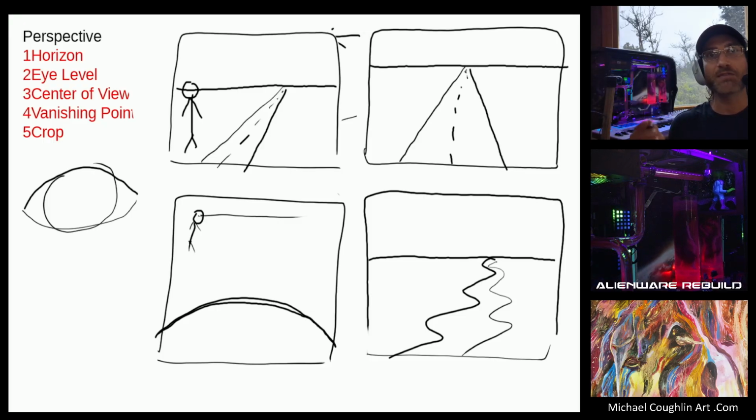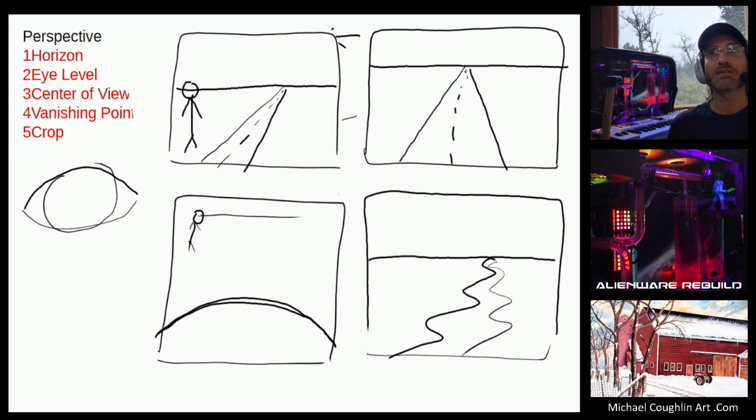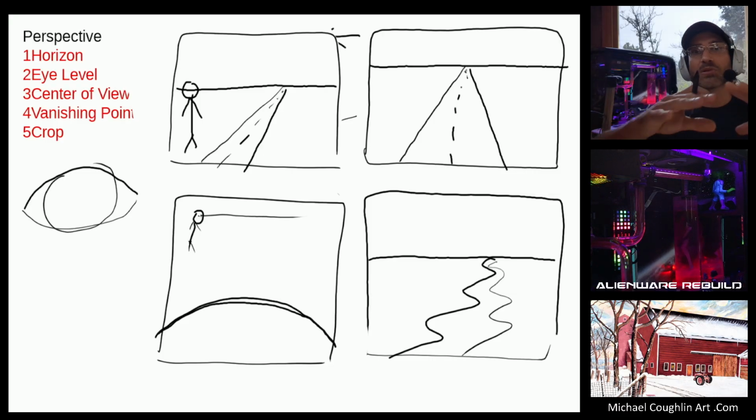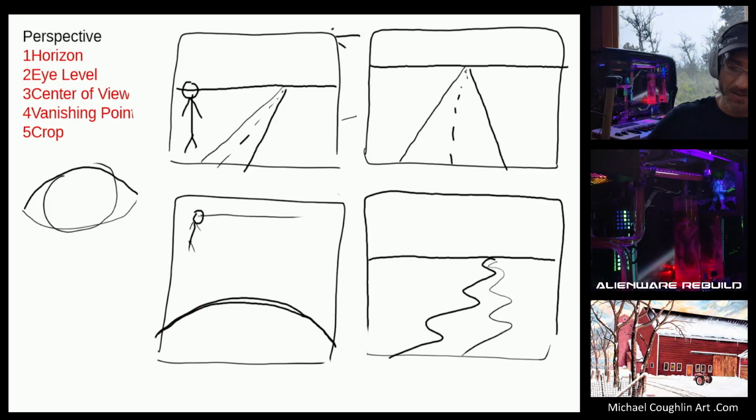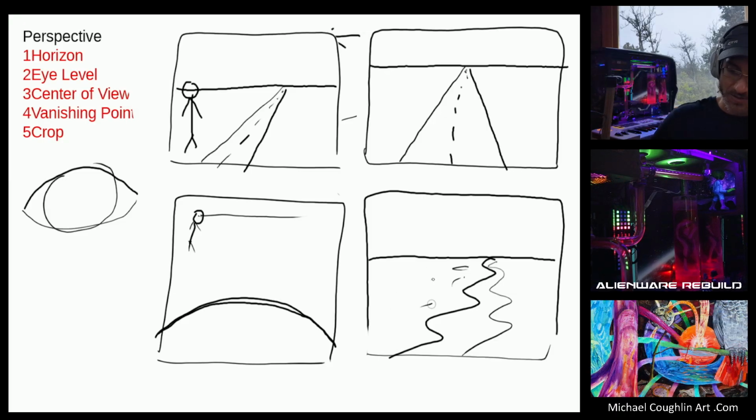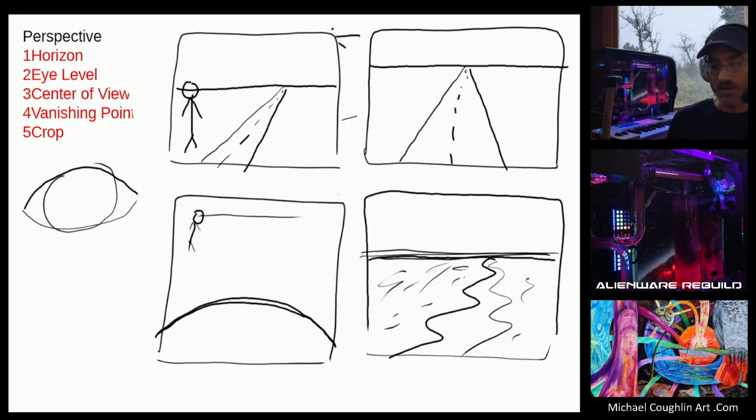So you have to remember those two things are not exactly tied, and they're only tied if you're on a large flat plane extending out into the distance. Another one could be the ocean. If this is all ocean water, then your eye level and your horizon line are going to be the same.